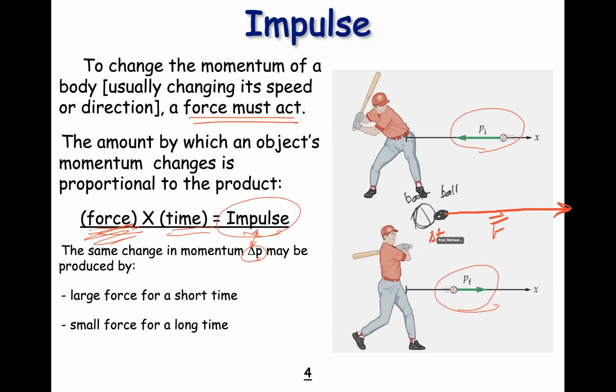Okay, so we take the average value of that force, multiply by the time that the bat and the ball are in contact, and that product gives us the change in momentum that the baseball undergoes.